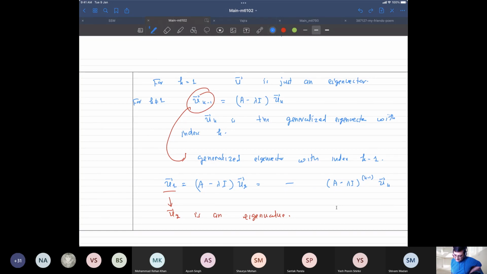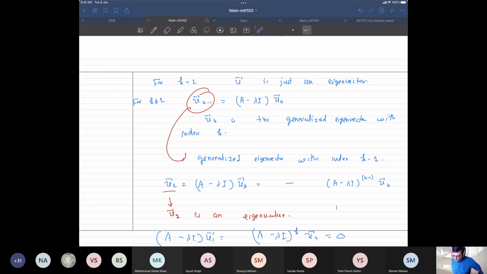And second, if you multiply A minus lambda I over V1, this will be (A minus lambda I) to the power k of Vk, but this is equal to 0. So it's an eigenvector. This is a generalized eigenvector of degree k.